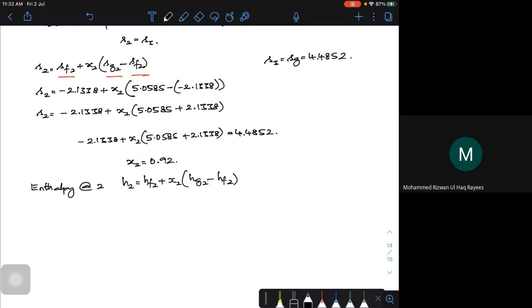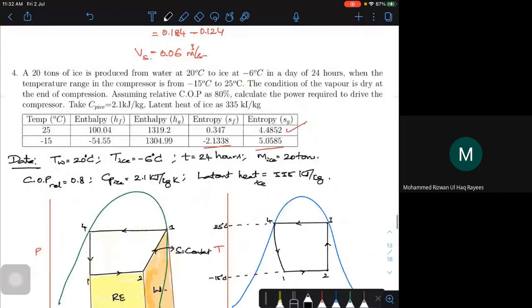Okay, let's come to the table. What are the values actually? I do have HF2 equal to minus 54.55, Hg2 equal to 1304.99. So H2 is equal to minus 54.55 plus 0.92 into (1304.99 minus of minus 54.55).